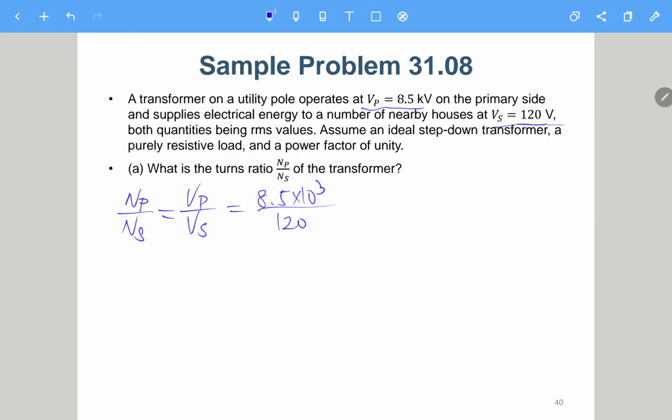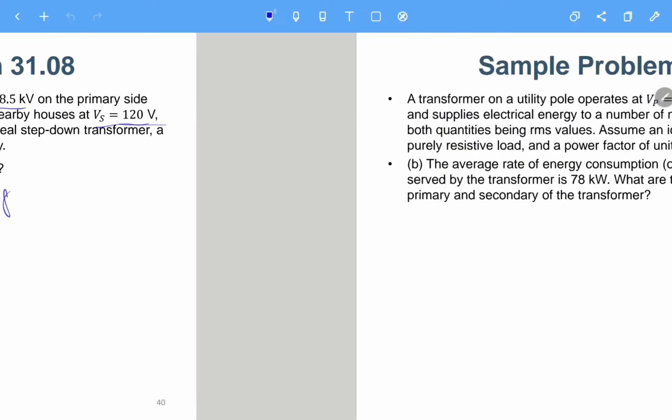So this is the turn ratio, and this number turns out to be 70.8. Because it is a ratio, we don't have any SI unit. Okay, so this is simple.